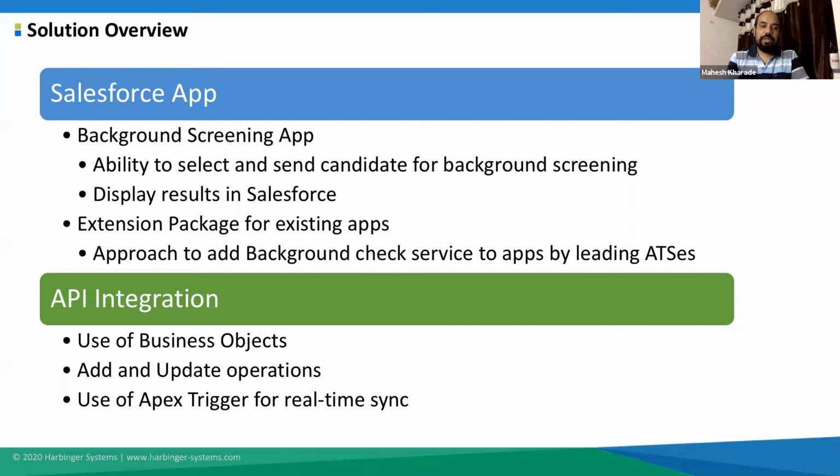And Apex Trigger was another important feature that we use from Salesforce, where we get notifications about any events happening in Salesforce and then act based on that. So when your candidate is marked eligible for background check, the trigger would send a notification to the connector APIs, and then it would take care of initiating the workflow.